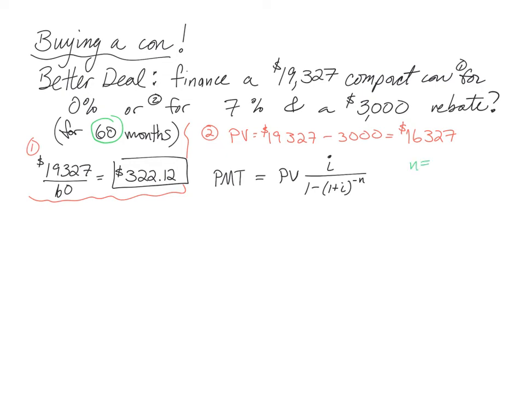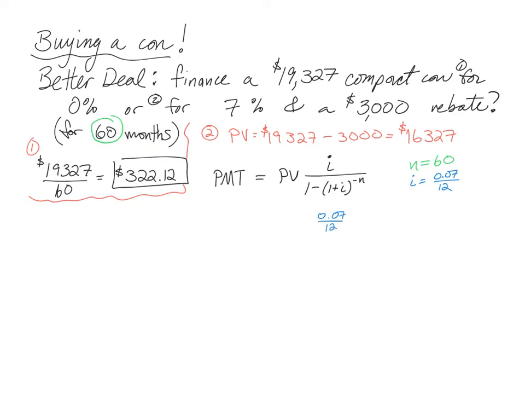So N is 60, and I, in this case, will be the 7% as a decimal, 0.07 divided by 12. That being said, we can substitute all of this into the equation.